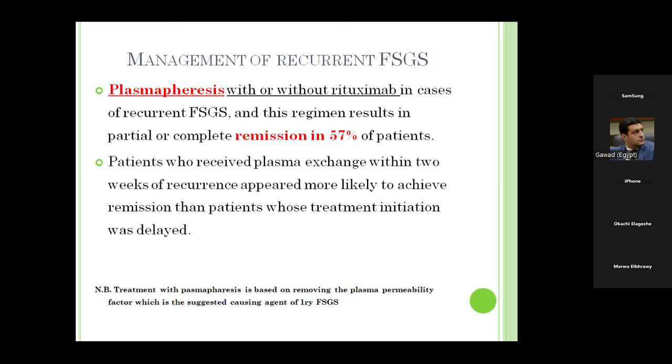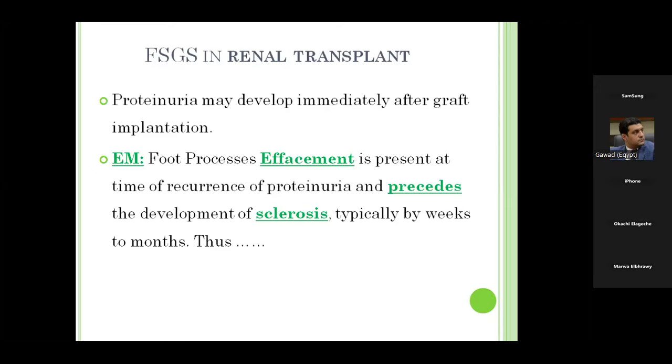Management is plasmapheresis in cases of recurrent focal segmental, which results in complete or partial remission, as you know better than me. And we will have some talk about this plasmapheresis and its effect on biopsies, as Dr. Muhammad mentioned about the effect of steroids on the biopsy.